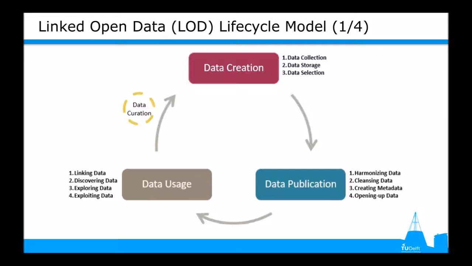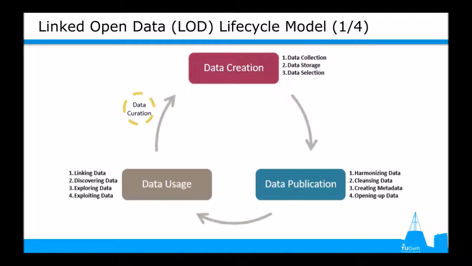We create metadata, and then we open up this data set to people or locally. The concept of open can have two meanings: open to the public, open access, and also open format. Don't mix those concepts.